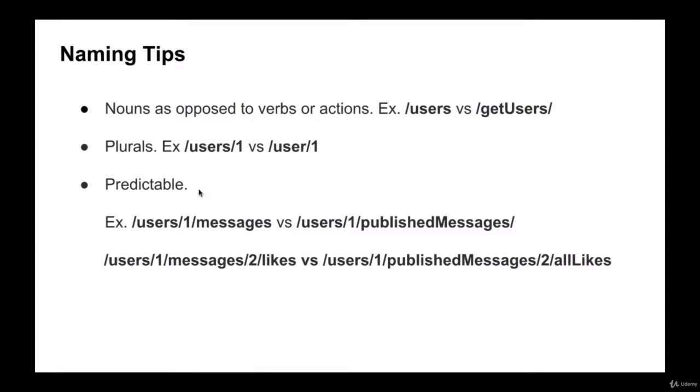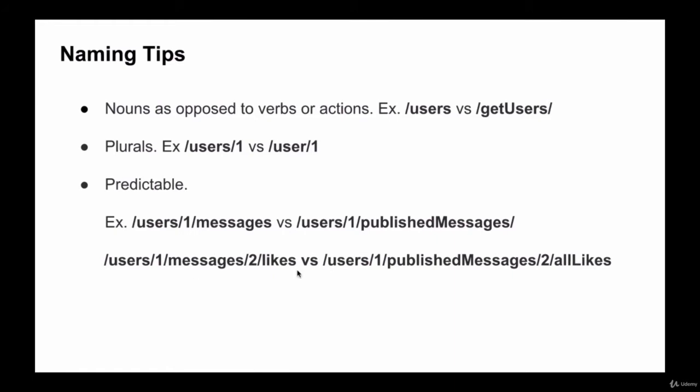And then we should try as much as possible to make our URIs predictable. For example, to get a collection of all messages, I would follow the URI users/specific user and then /messages of that user, rather than users/specific user and then published messages. So all of a sudden, the collection name is not just messages, but published messages.